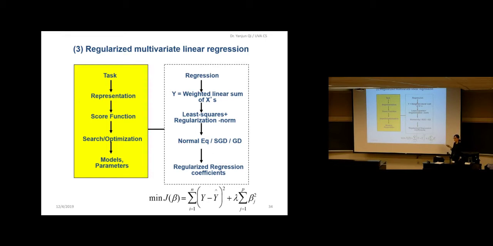The L1 norm is the lasso. For the ridge regression, you can do the same search. For the lasso, the search needs to be revised a little bit, but we did not cover that. You can just use gradient descent, but the correct way to call it is subgradient descent or proximal gradient descent in the L1 case. But we did not cover it. I wanted to mention it here very quickly.